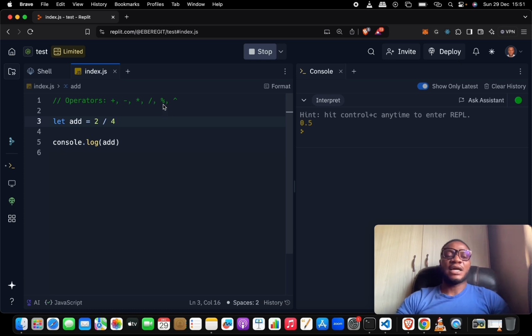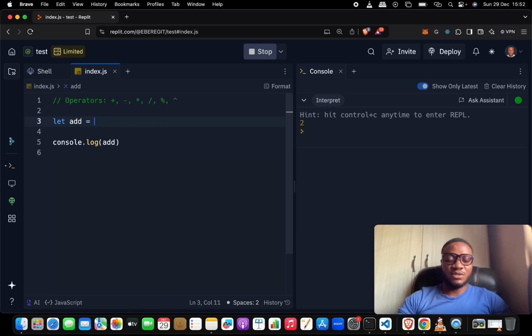All right. And then when we do this, this should give us, I think, 1, if I'm correct, but basically it gives us the remainder of an operation. So let's run this. Okay, great. It gives us 2. When you divide 2 by 4, I think it still remains 2.